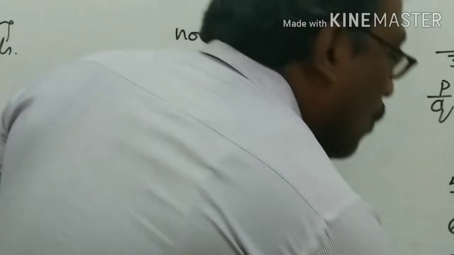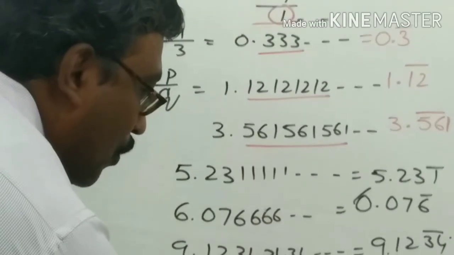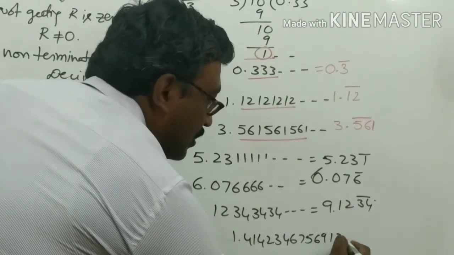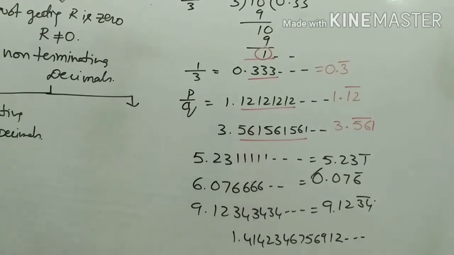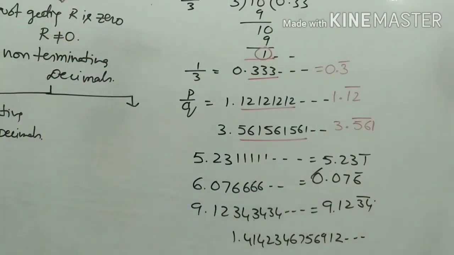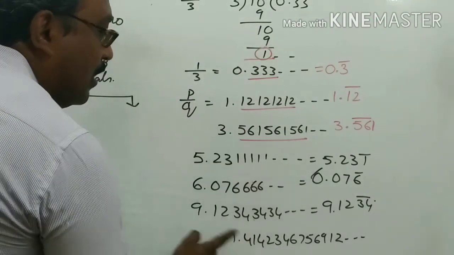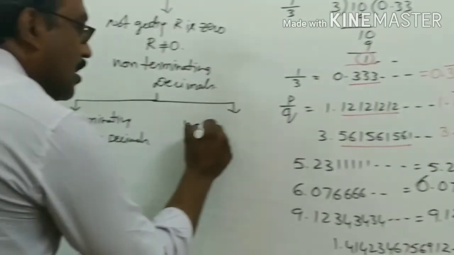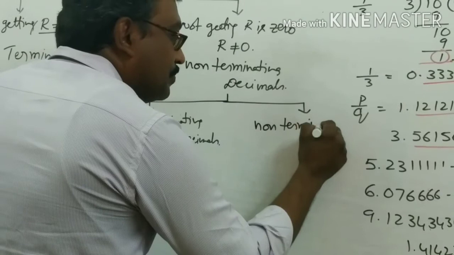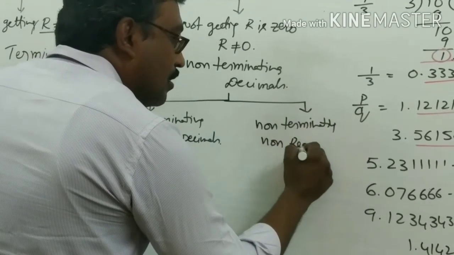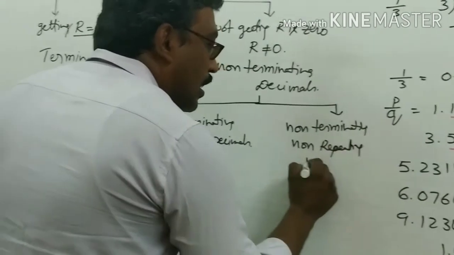Suppose 1.414234675691 and so on it is going. Can you place a bar for this? No. Then it is a non-terminating, non-repeating decimal.